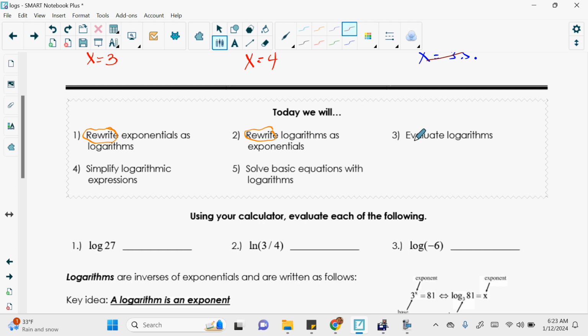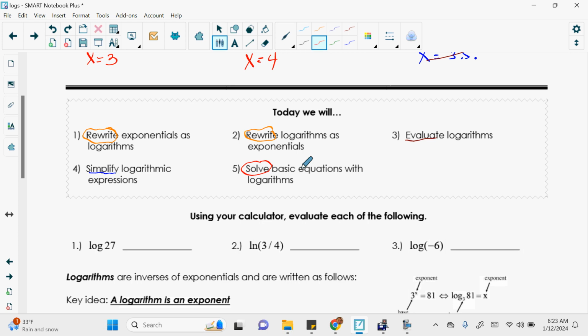Evaluate means basically tell me the numerical value of the log. We're going to simplify logs. So we're going to take a larger log expression or an exponential expression, and simplify it into a more condensed version. And then at the end, we're going to solve basic log equations. So we're going to introduce what a log is, work with logs, convert some logs, and then start to solve.